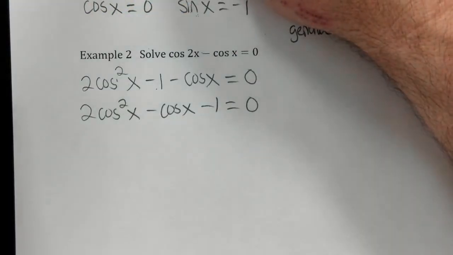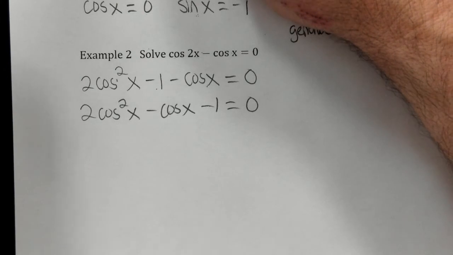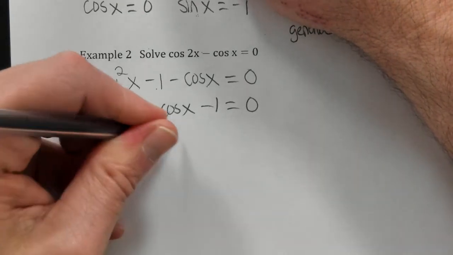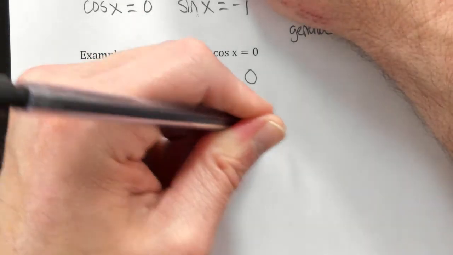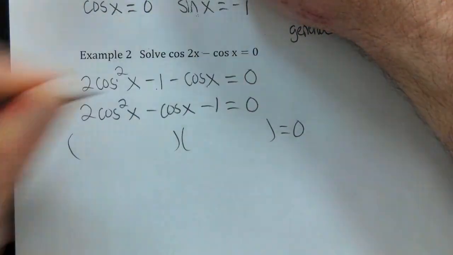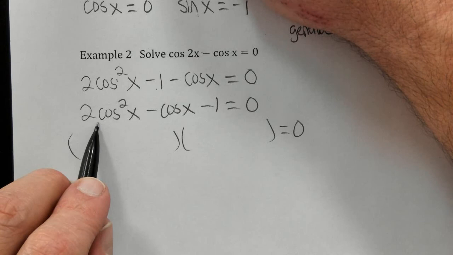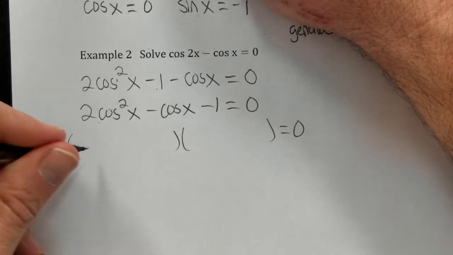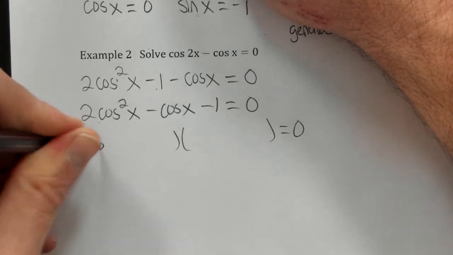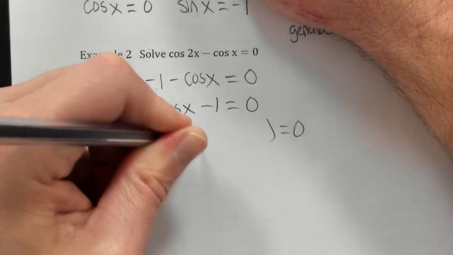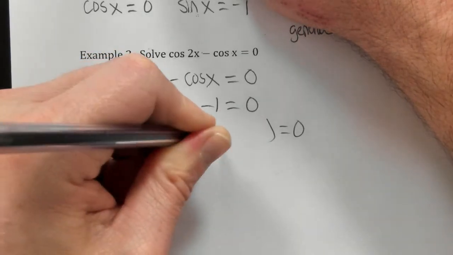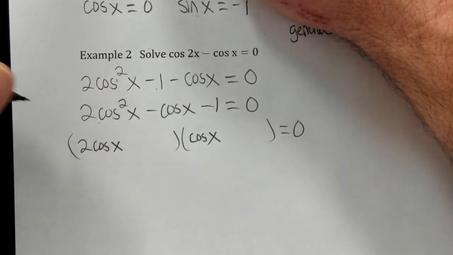That's typically the form we want it in when we start factoring it. It can go into a product of 2 binomials. And so to get this, we can go 2 cosine x and cosine x. So I'll go 2 cosine x here, cosine x here. So that'll give me the 2 cosine squared x.